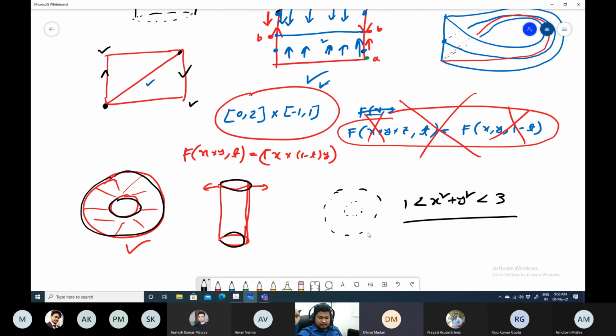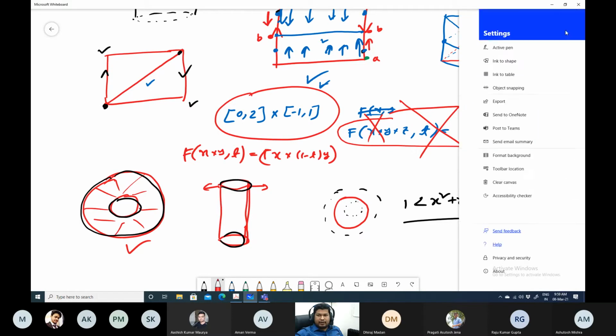Any circle in the interior, not on the boundary. Exactly, so we can take any interior one. We will use this kind of concept in the Van Kampen theorem, when we compute the fundamental group of many topological spaces by using the Van Kampen theorem.